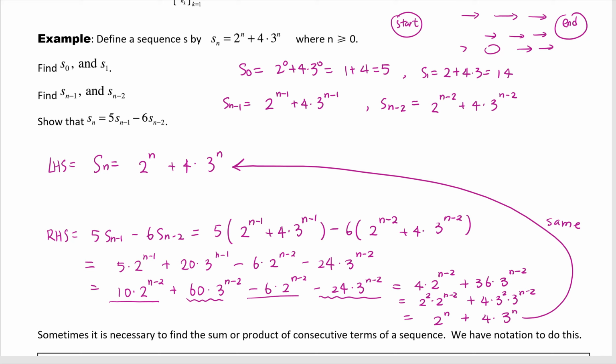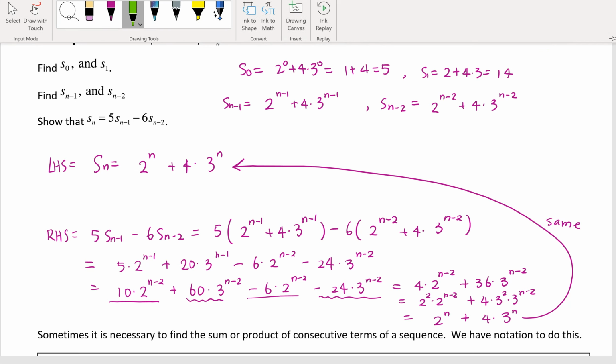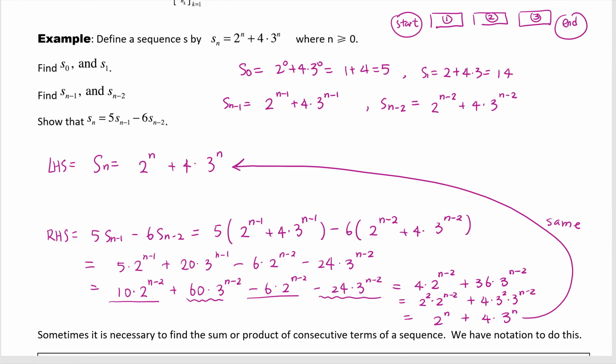Let me label it so I can show the order. You find this bridge, then this bridge, then this bridge, or you can figure out what this is and then go back and arrive at what you started with.